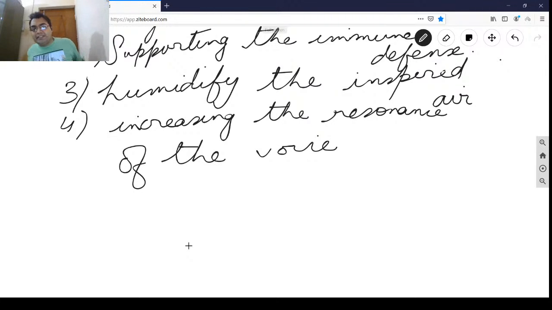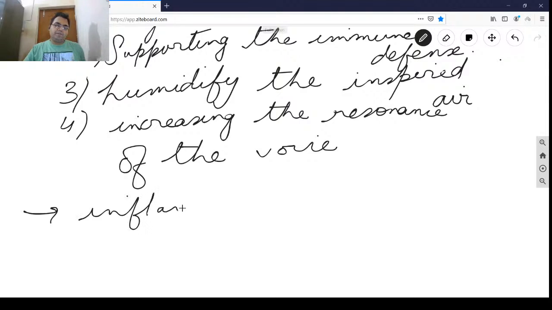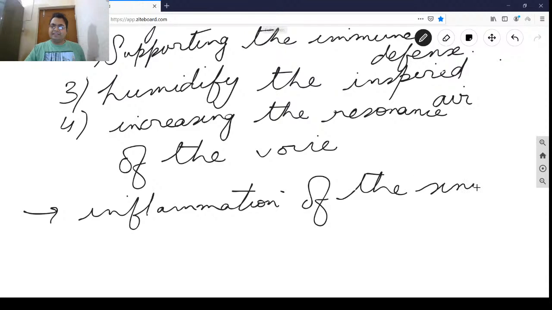If there are some specific bacteria or viruses which hyperactivate the immune system, that will lead to recruitment of macrophages, then a type 1 hypersensitivity reaction, with too many immune mediators like leukotrienes and chemokines being released, and that will lead to inflammation of the inner layer of the sinuses.